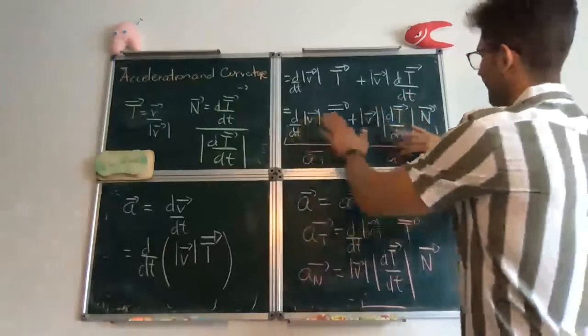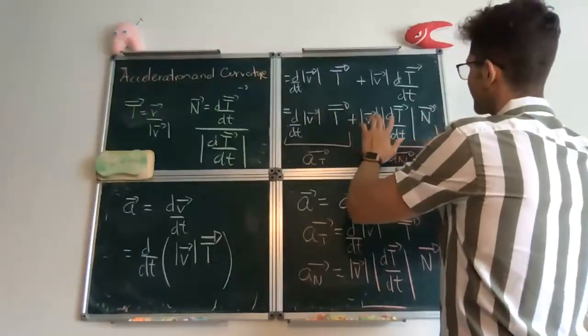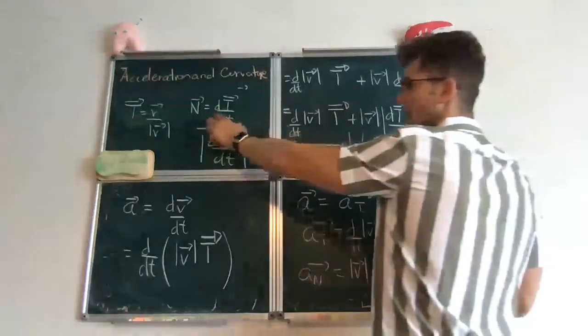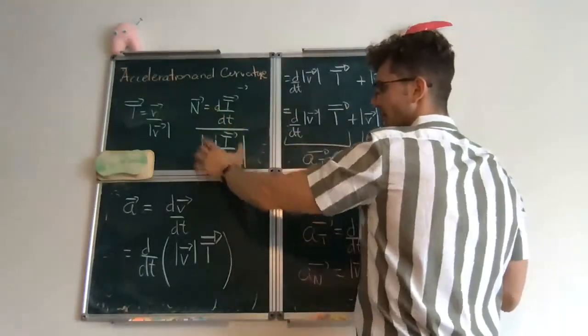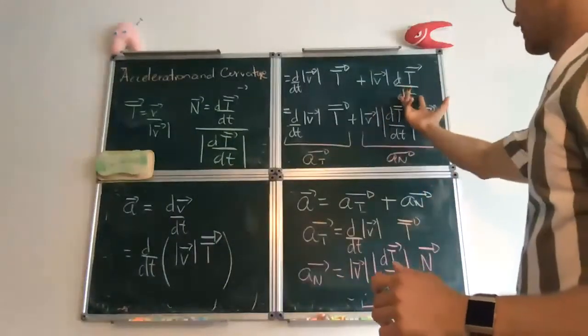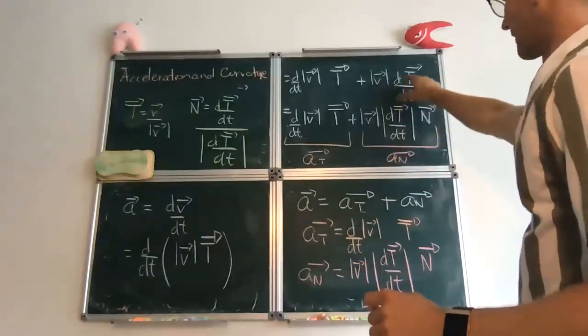But now, in order to interpret this, you can just use the fact that the derivative of the tangent vector with respect to time can be obtained from this equation just by multiplying both sides of the equation by this denominator. And so you can just substitute this term with this one.